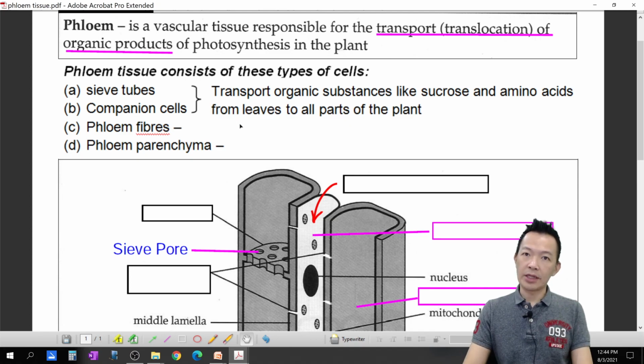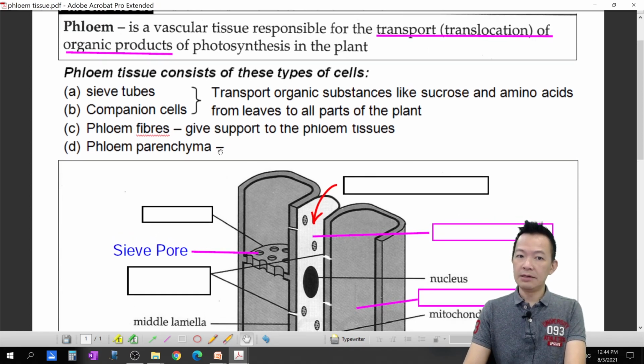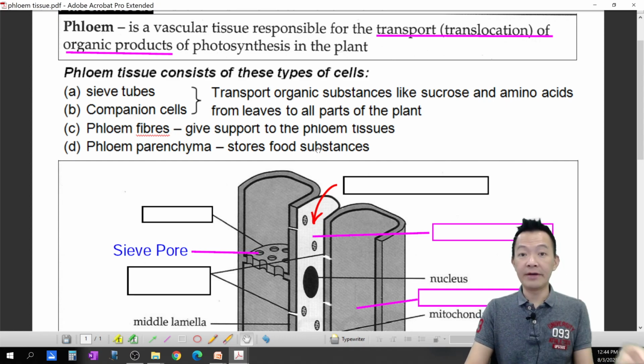But besides the sieve tube and companion cells, it contains other structures like fiber to give support, like the xylem tissue, and phloem parenchyma to store the food material. Before we go into detail, we look at the diagram first.